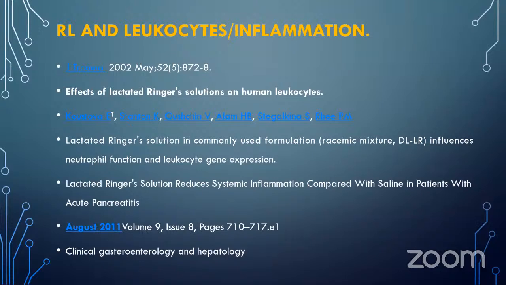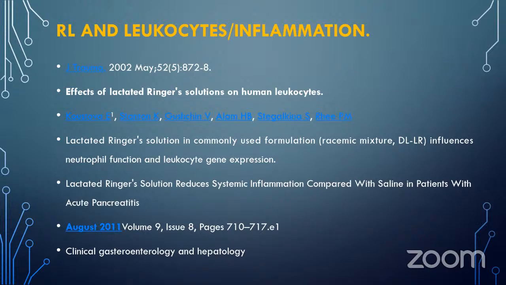Is there anything which hampers leukocyte inflammation, and is there any correlation with Ringer lactate and leukocytes? It has been published in multiple studies. There is evidence in the Journal of Trauma about the effects of Ringer lactate solutions on human leukocytes: this commonly used formulation influences neutrophil function and leukocyte gene expression.